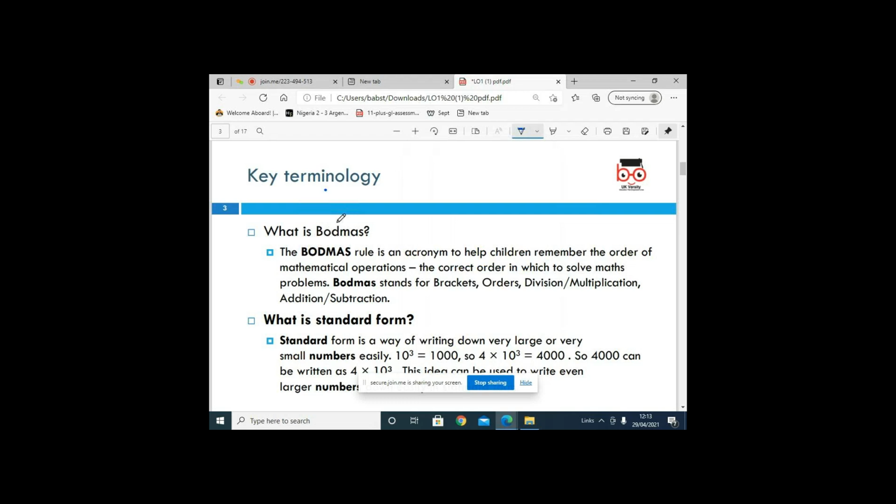See the brackets, division. This also sometimes can be indices. Then division, multiplication, addition, and subtraction. So this is how we order operations in maths.